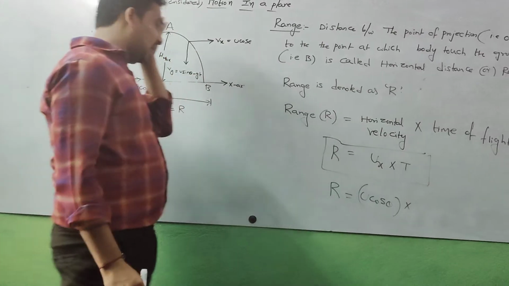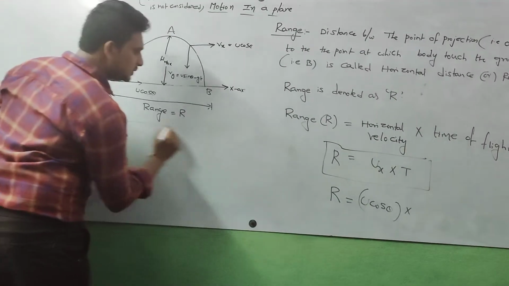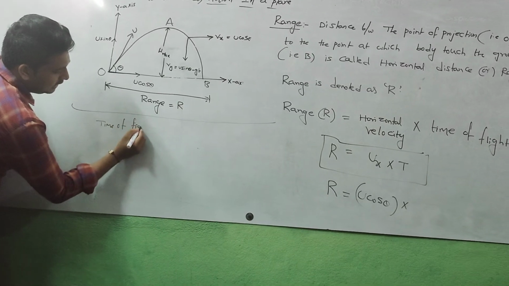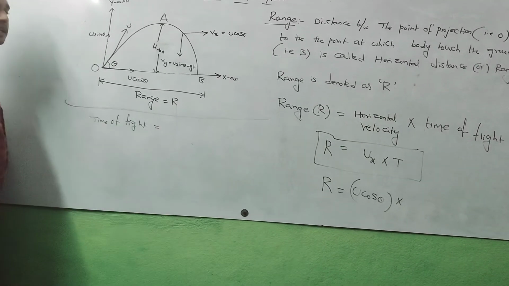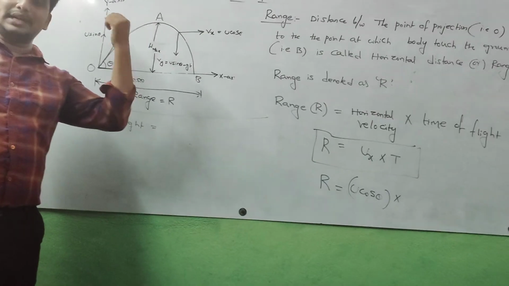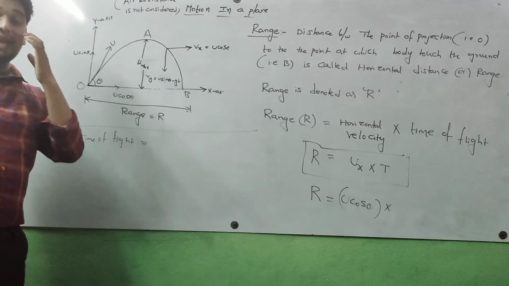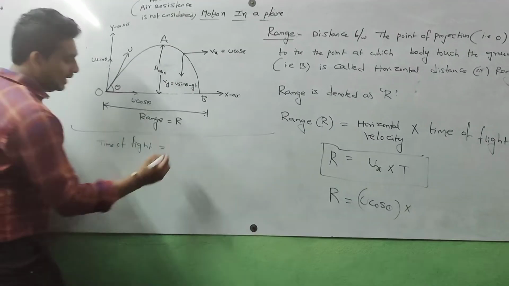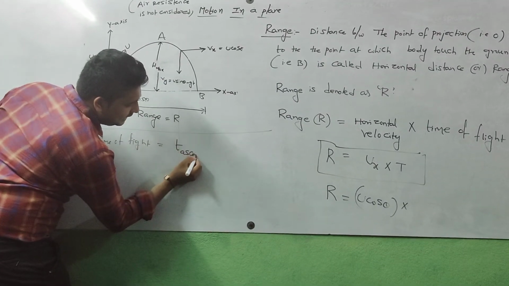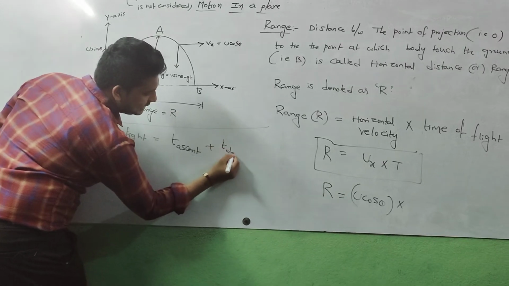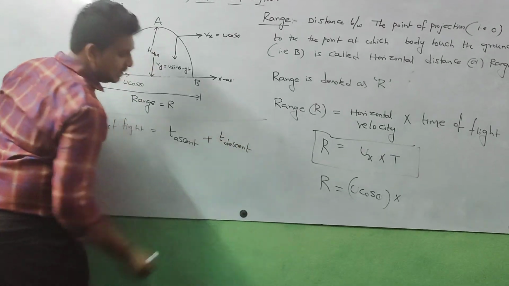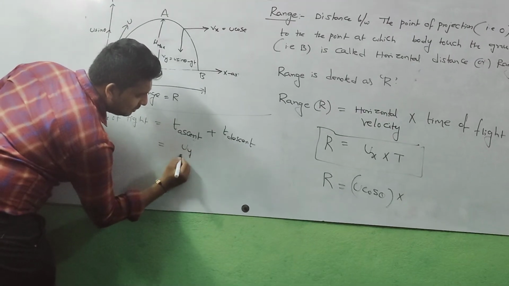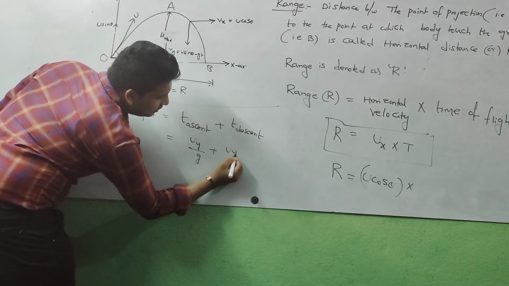What is meant by time of flight? Time of flight is the time taken by the body to touch the ground, that is, the time the body travels in air. Time of flight is equal to time of ascent plus time of descent, which is uy by g plus uy by g.